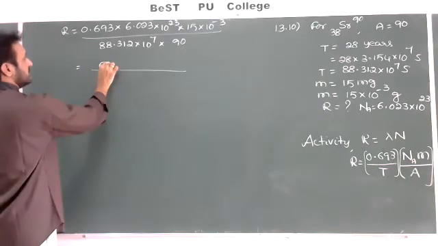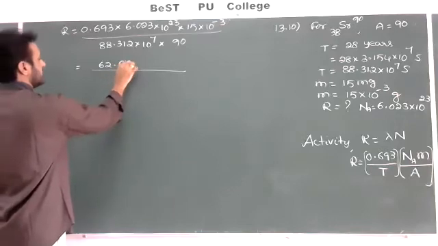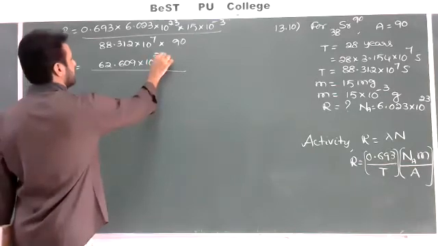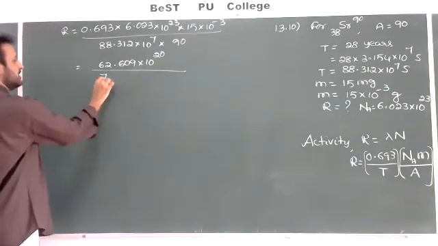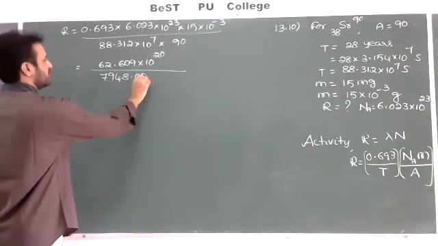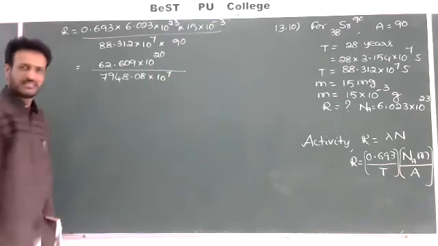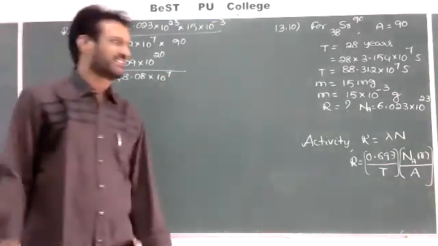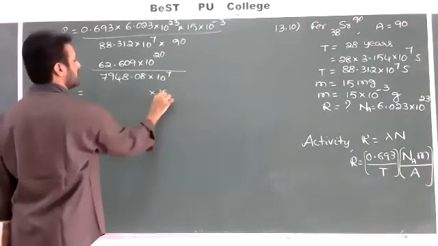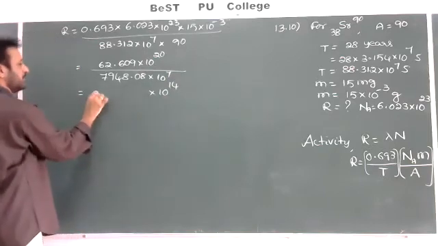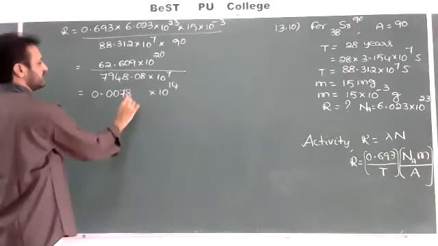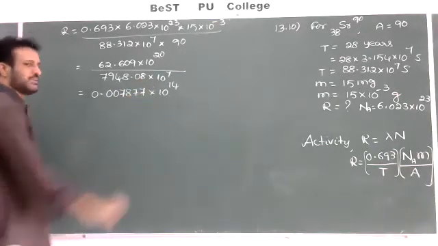Numerator value 62.609 into 10 to the power of 20, divided by 7948.08 into 10 to the power of 7. Now take 10 power 7 to the numerator. That is equal to 20 minus 7, is equal to 10 to the power of 14. 0.007877 into 10 power 14.